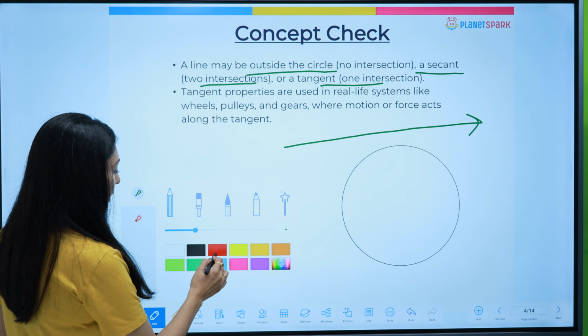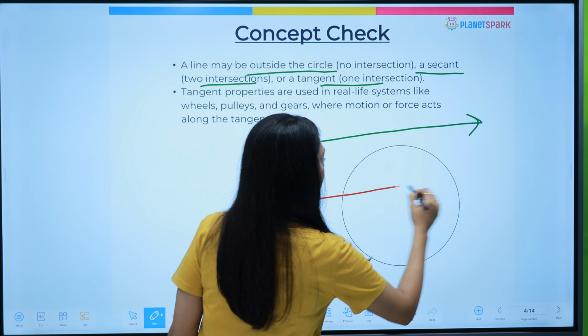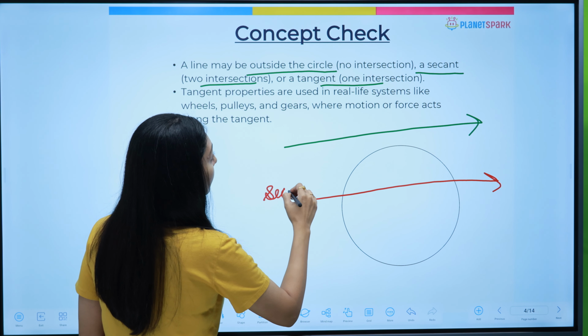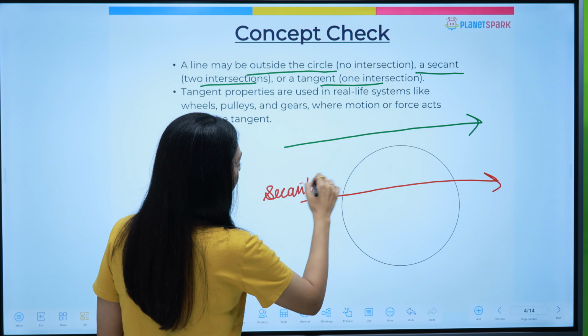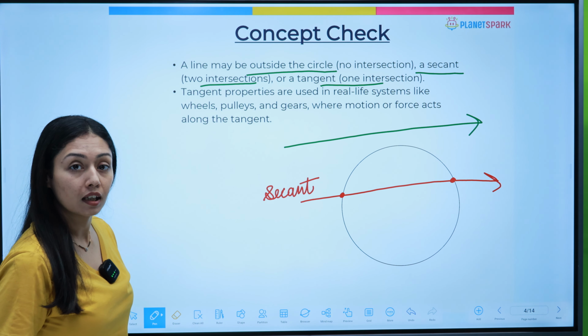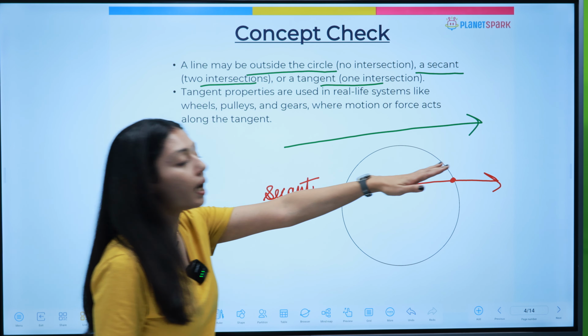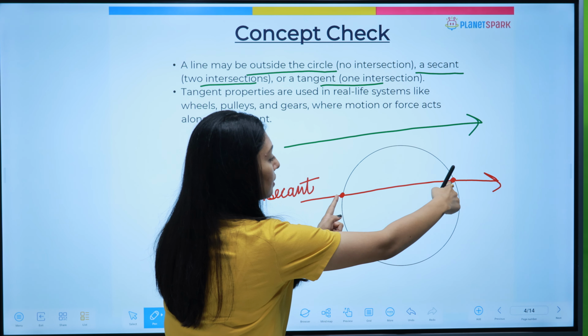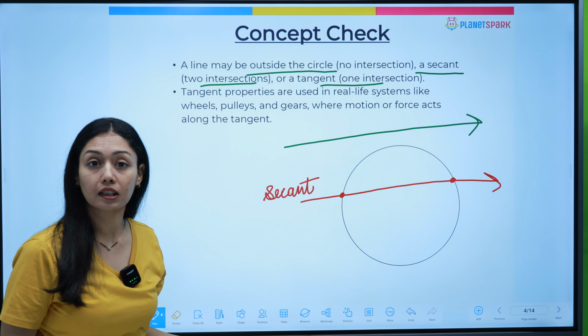Let's see another possibility. When the line passes through the circle, such line is known as secant to a circle, right everybody? And here we will have 2 points of contact, right? Circle के through pass हो जाएगी ये line, and this portion that is inside the circle that becomes the chord for the circle, right?